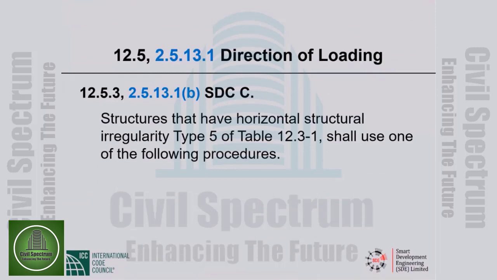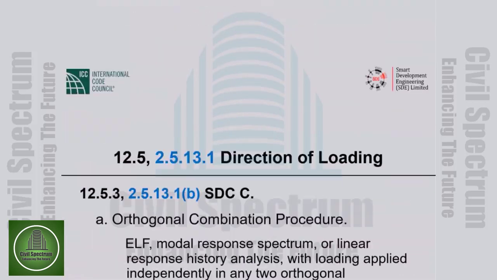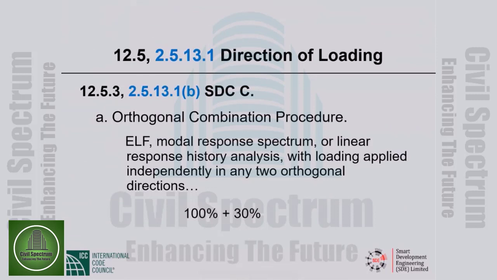Design category C, structures that have horizontal irregularity type 5 shall use one of the following procedures. Now you have to consider orthogonal effects, and one way to do that is the orthogonal combination procedure.